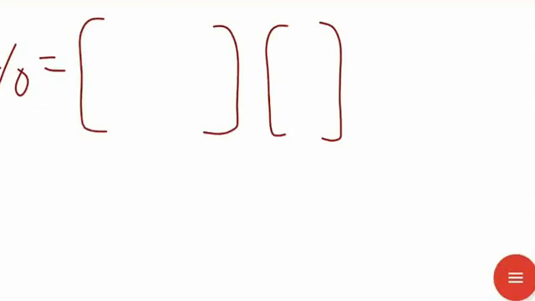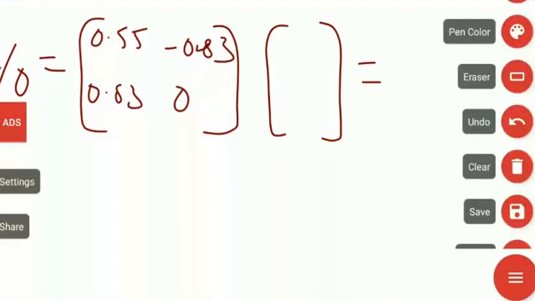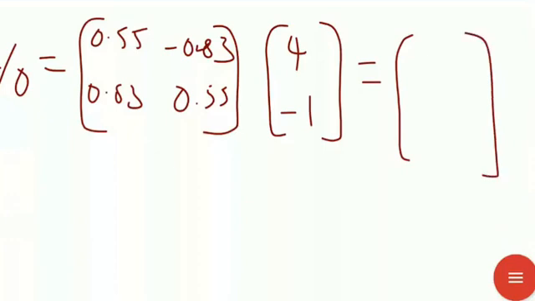Now what is the output? The transformation matrix is 0.55 minus 0.83, 0.83 0.55. Here x0 is 4 minus 1. Then calculate; this is equal to 3.03, 2.77.